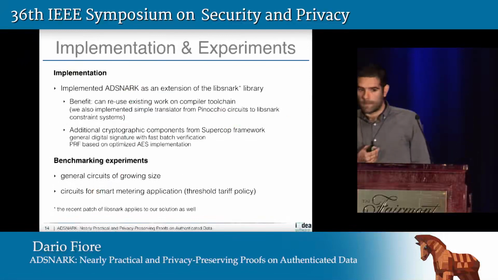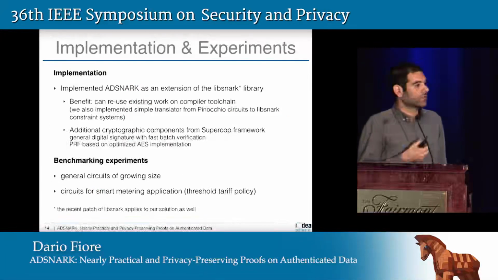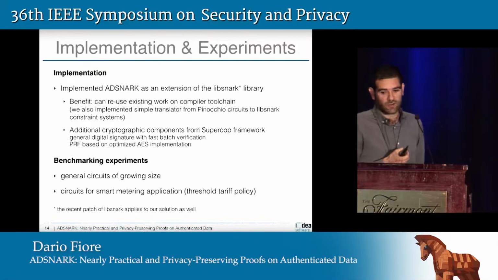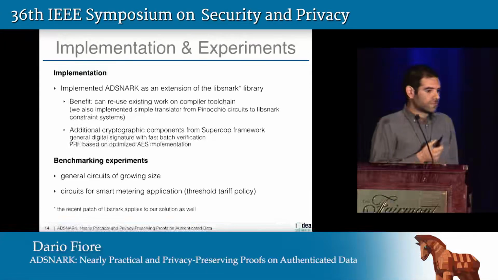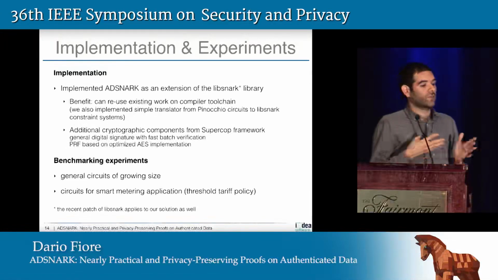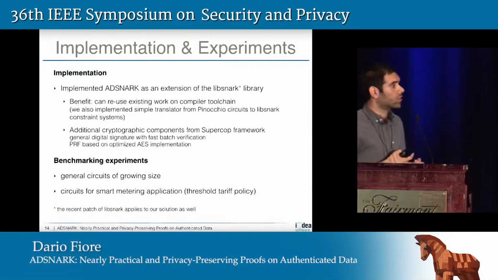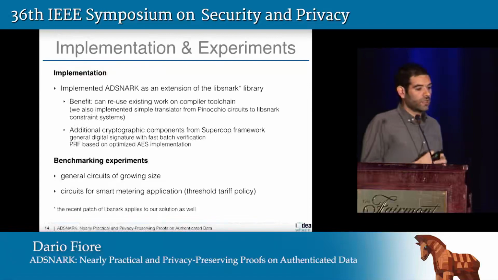So let me give you some numbers about the impact of our solution. We implemented ADSNARK as an extension of the libsnark library, and a benefit of this is that, for example, we can reuse all the existing work, for example, on the compiler tool chain that is available for the library.